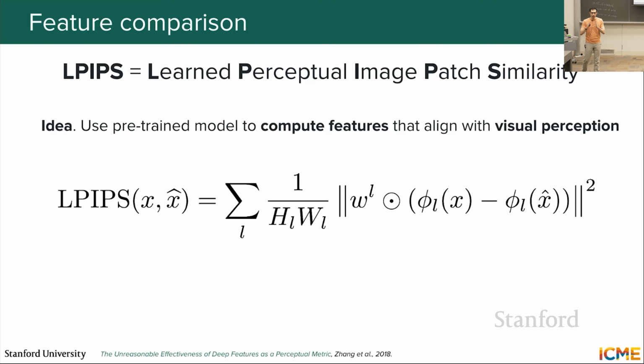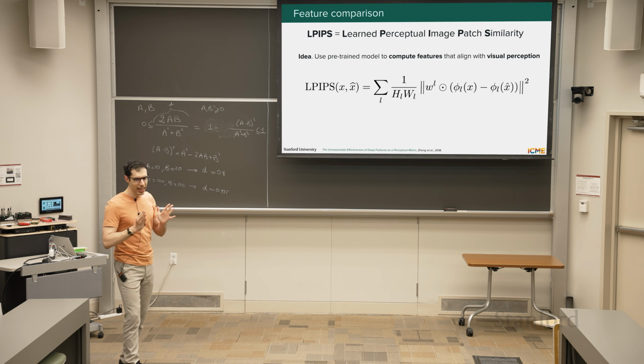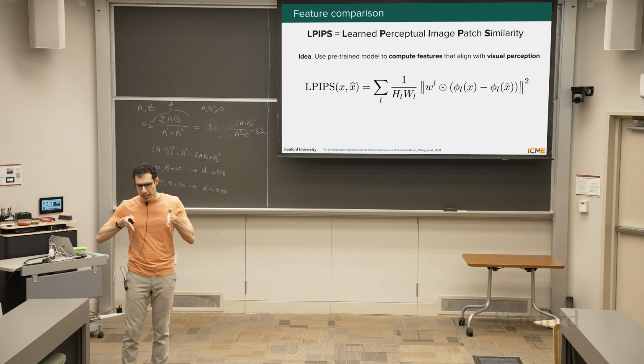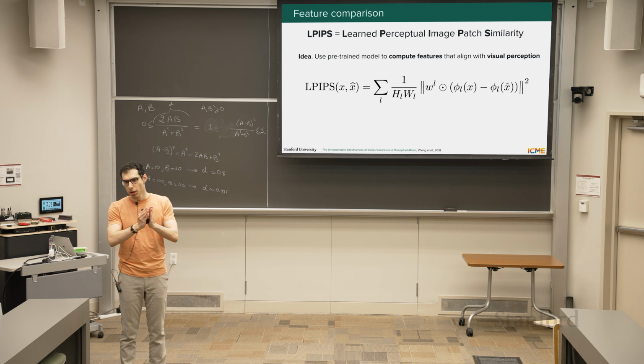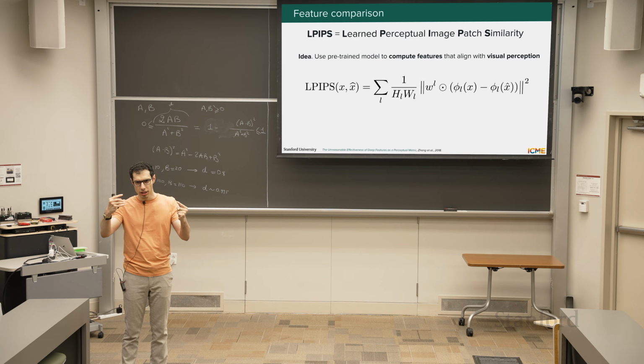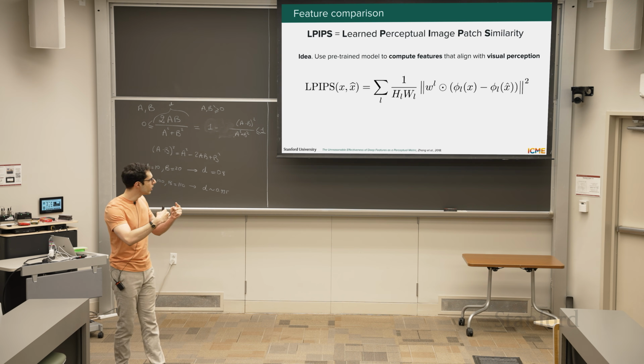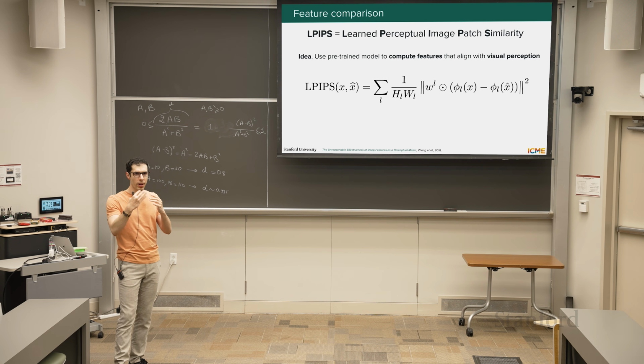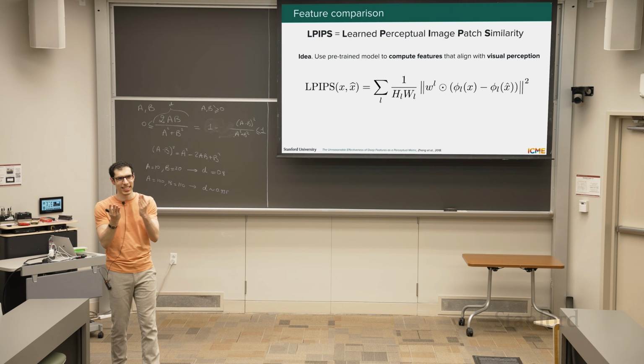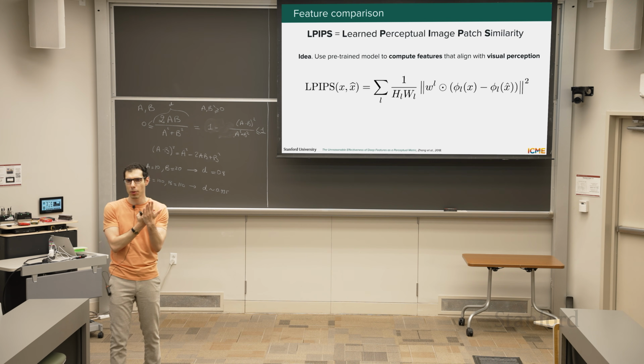And that one is actually quite simple. Instead of comparing your x with your x hat in the pixel space, you take each quantity and let them through a pre-trained encoder, and you compute the representation that this encoder has, which tells you more about how perceptually similar they are as opposed to exactly how aligned they are from a pixel perspective.